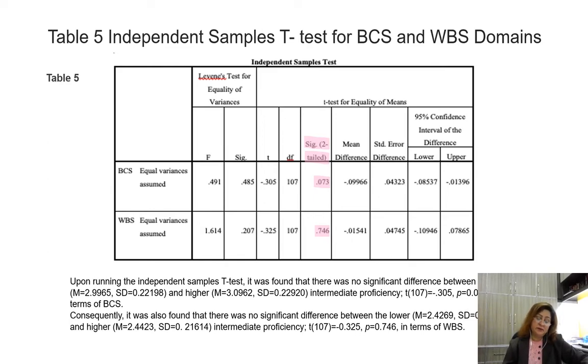Table 5 reveals the independent sample t-test for basic computer skills and web-based skills domains, which depicts no significant difference between the lower and higher intermediate proficiency in terms of basic computer skills. Similarly, there was no significant difference between the lower and higher intermediate proficiency in terms of web-based skills.